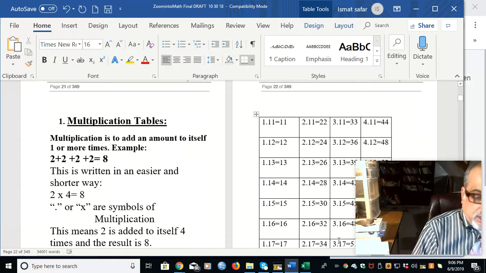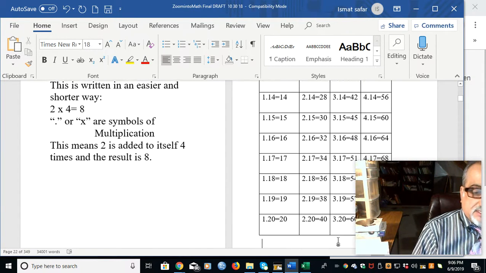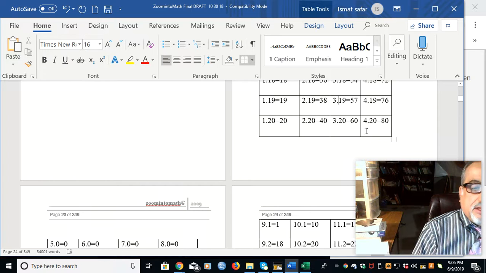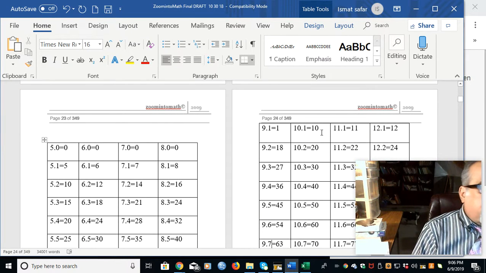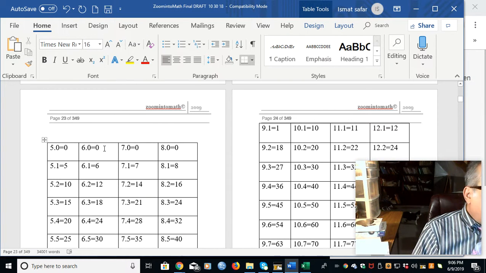I'm just giving you examples of the tables' content. 2 times 19 is 38. 9 times 1 is 9. 10 times 1 is 10.